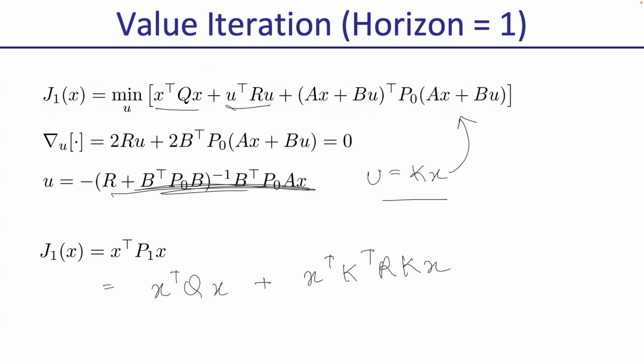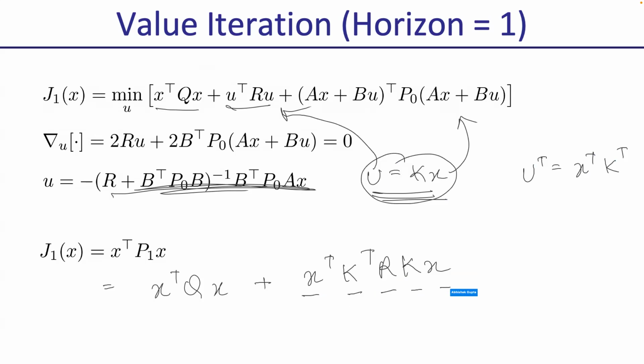Whenever you have u is equal to kx, then u transpose is equal to x transpose k transpose. And so you substitute it in here, you get x transpose times k transpose Rk times x. So you can see that this is a quadratic with Q. This is a quadratic with whatever this thing is.